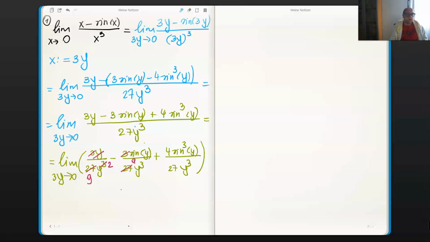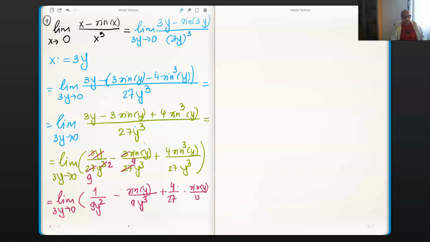So we have 1 divided over 9y squared, minus sine of y only divided over 9y cubed, and plus 4 divided by 27 times sine of y divided over y, this whole stuff cubed.